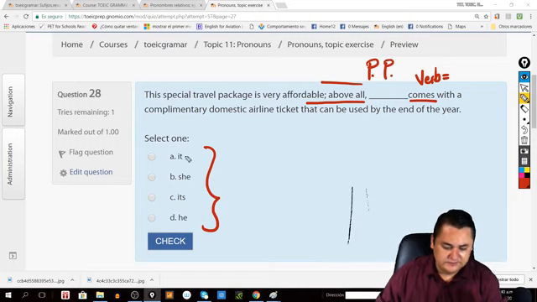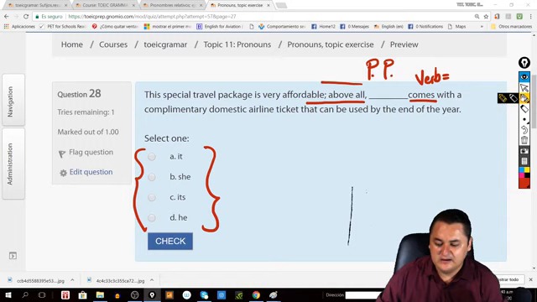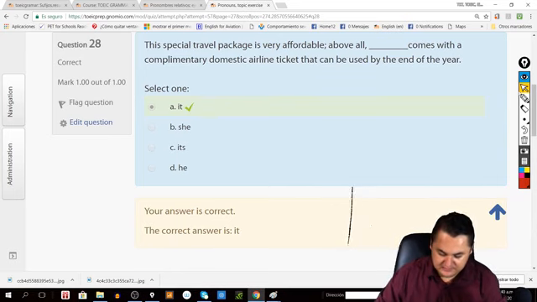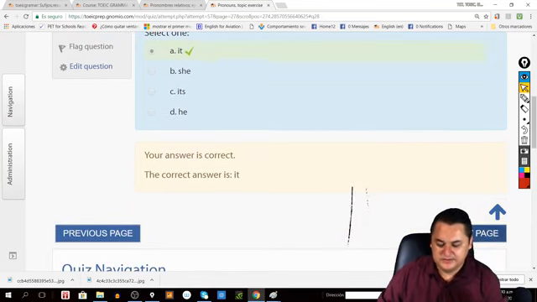So I'm going to have to look which of them refers to the one presented here. This special travel package is a thing. So it comes, because it is a thing, an object.